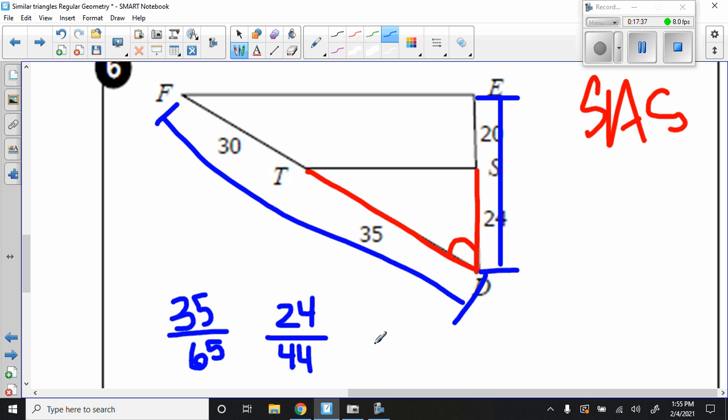Now let's check 24 divided by 44. That is not the same decimal. Since these are not equal, these are a no. The fractions have to be equal, and just turn them to a decimal to check.